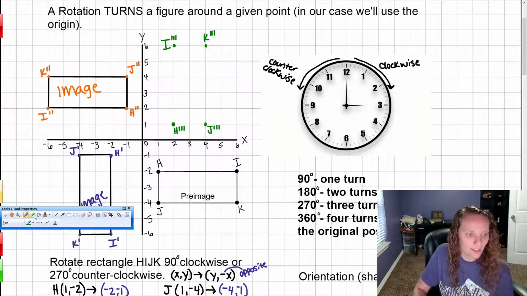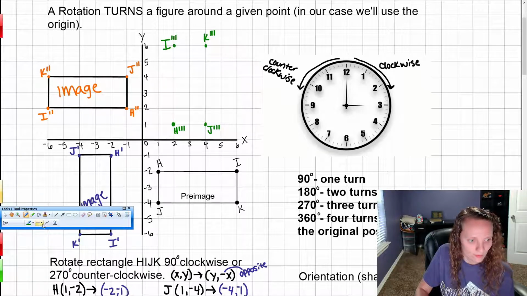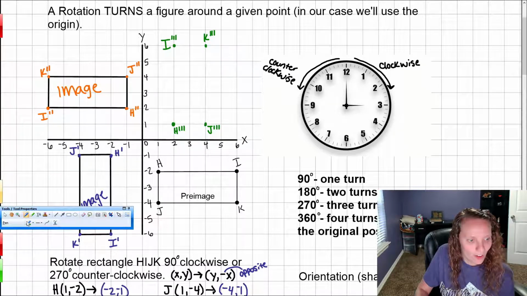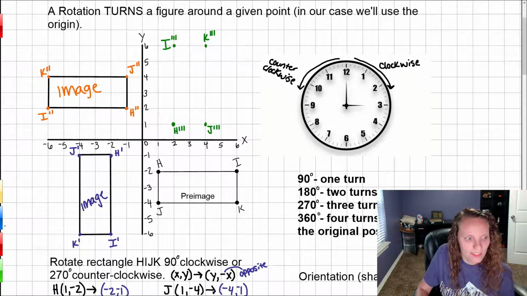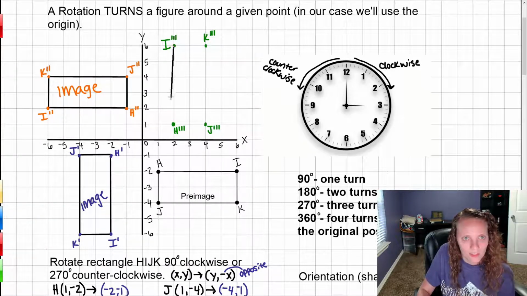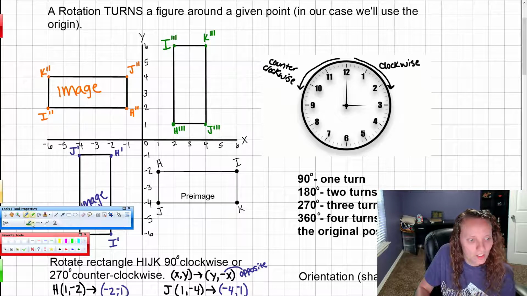And then we're going to connect the dots. And remember, when we connect the dots, this now becomes our image. Remember, the image is after the shape moves.